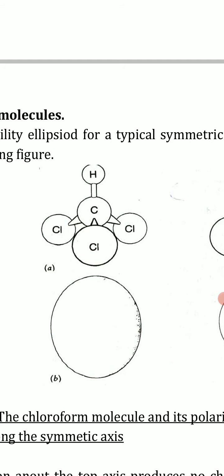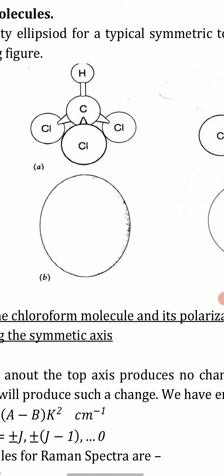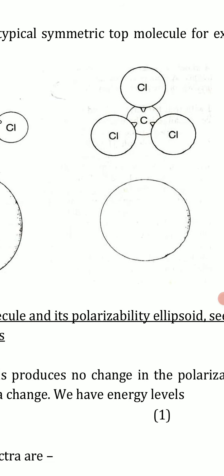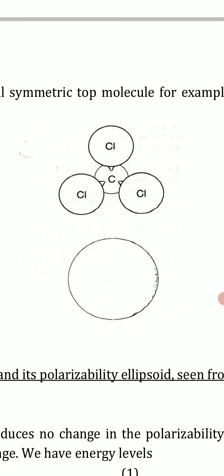If we look across this line, then polarizability ellipsoid is shown in this figure. It is in the form of ellipsoid. But if we look along this symmetric axis, along this CH axis as shown in this figure, CH axis in this figure is perpendicular to this plane of paper, then the polarizability ellipsoid will be spherical.